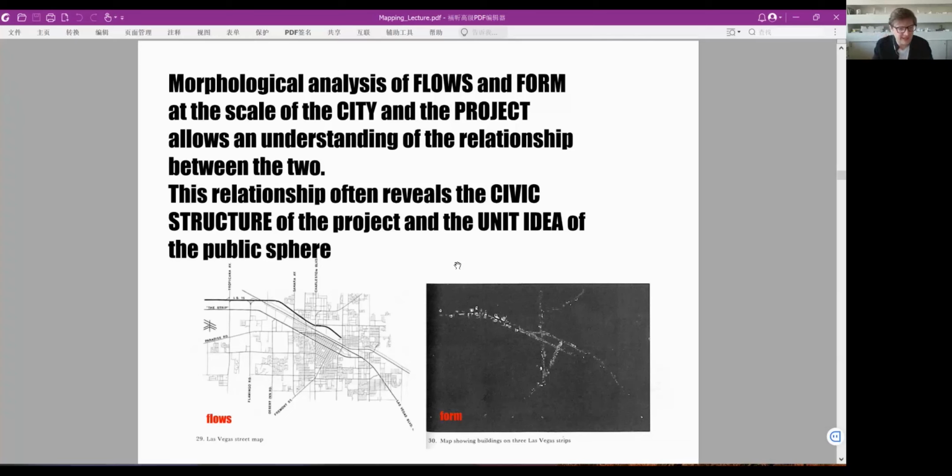And this is something you can analyze very interestingly in an example in America, in the city of Las Vegas, because there is this famous so-called strip which connects the different huge buildings along this main boulevard. So flows and form. Next one.